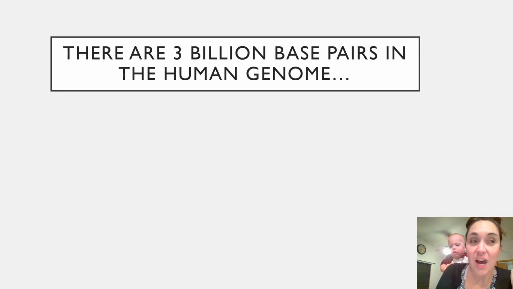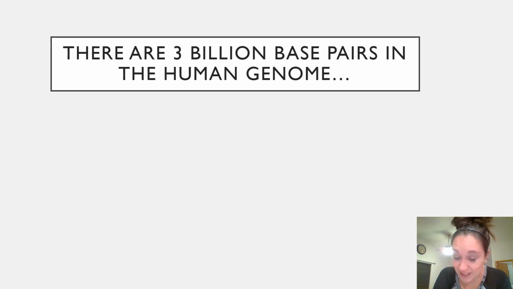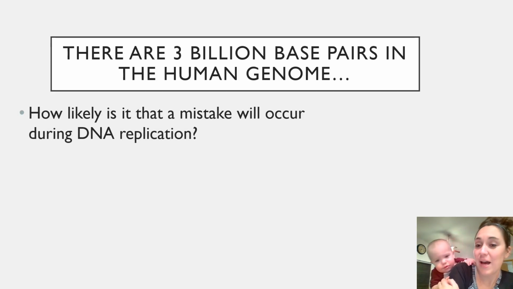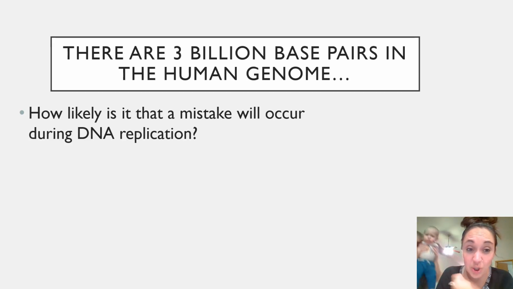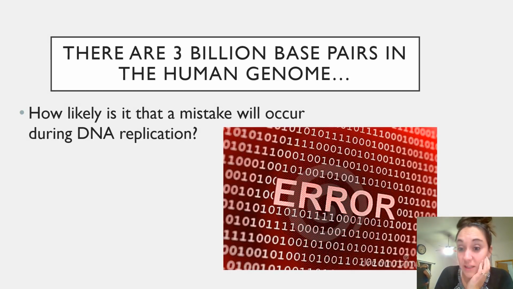With 3 billion base pairs that need to be copied, there are a lot of chances for things to go wrong. 3 billion base pairs pretty much every time a cell is dividing. So how likely is it that a mistake is going to occur during replication? I would say pretty likely.